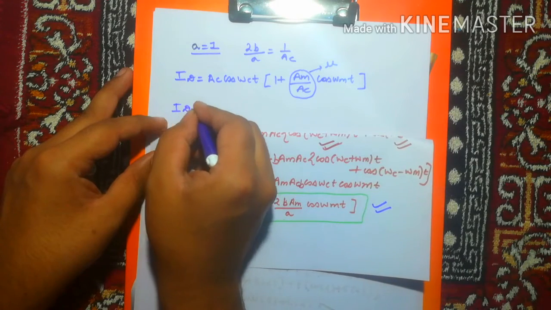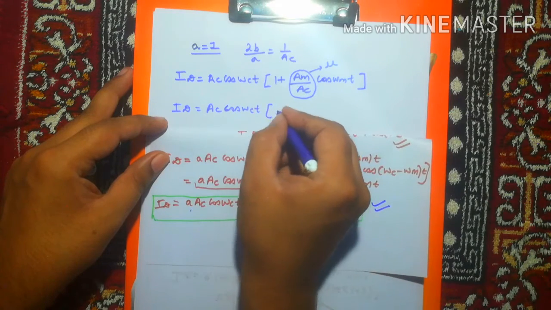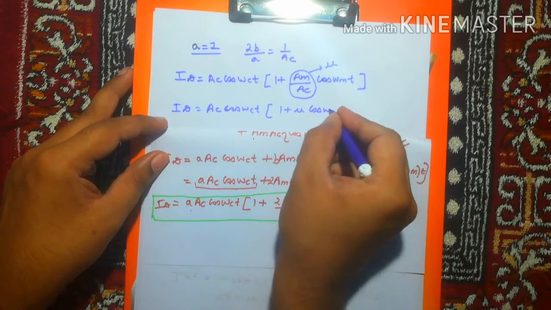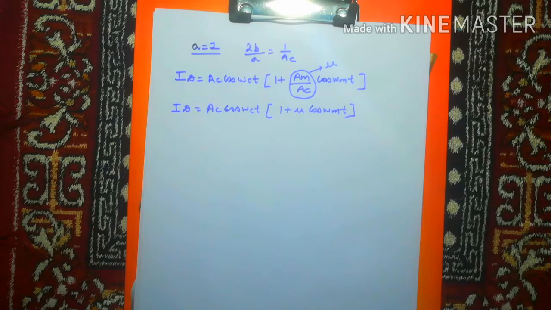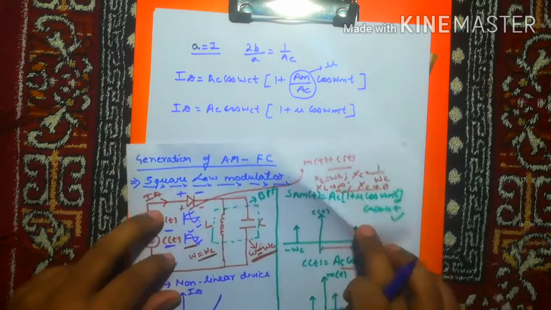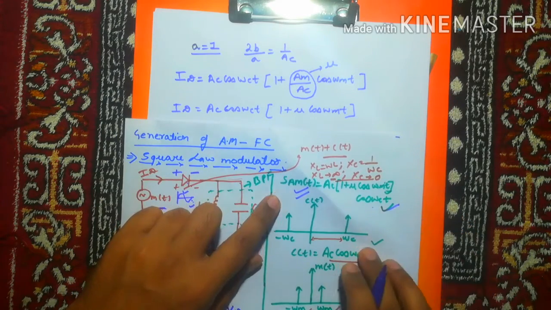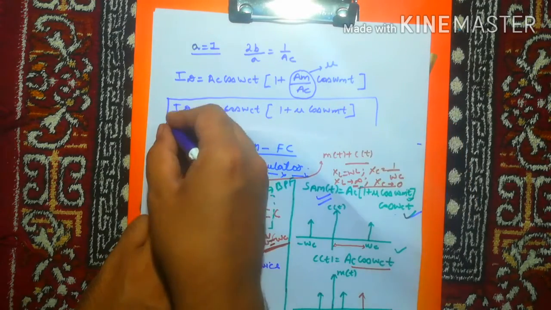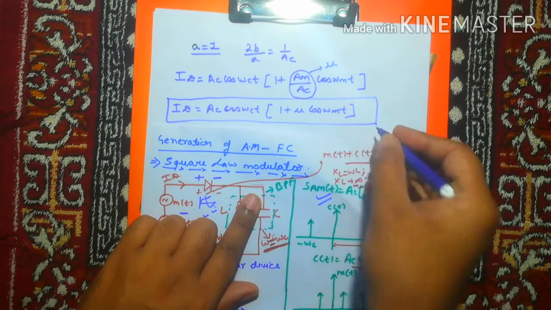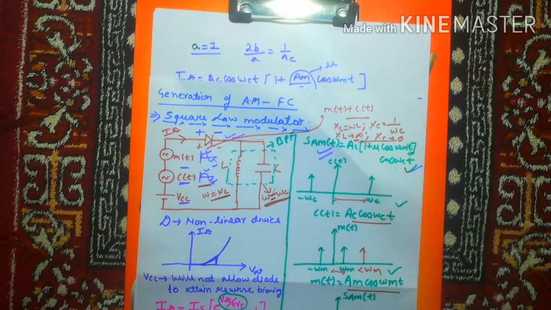So i_D equals Ac cos of omega ct times 1 plus mu cos of omega mt. If you compare this equation with s(t), the standard equation of amplitude modulation we have studied, both are the same. So we can say that this square law modulator will give us an amplitude modulated signal with full carrier.